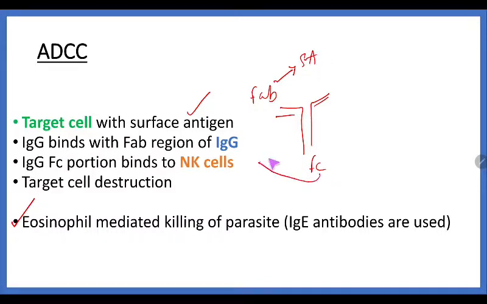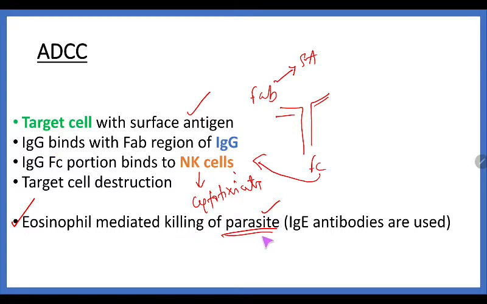The Fc region is now bound to the natural killer cell, because we know natural killer cells are the ones responsible for cytotoxicity. So it is bound to natural killer cells, and thereby there is target cell destruction. This can be either by natural killer cells, or it could be because of eosinophil mediated killing. This eosinophil mediated killing is especially in case of parasites, that is by IgE antibodies. Here it is IgG.